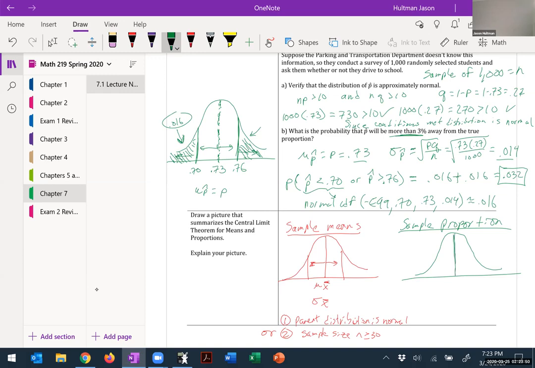It is nearly normal with mu of p hat equaling p, the population proportion, and sigma of p hat equaling the square root of p times q over n. Over here with the mean, this was sigma over the square root of n. So this is just equal to mu as well.